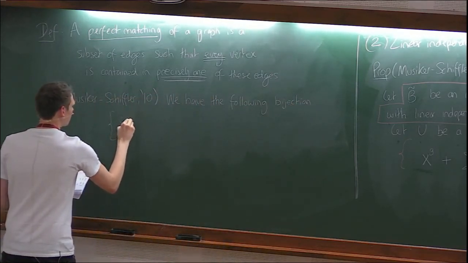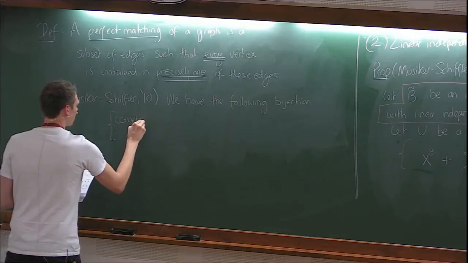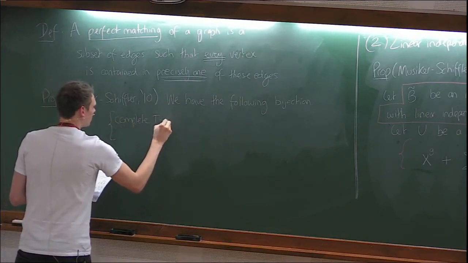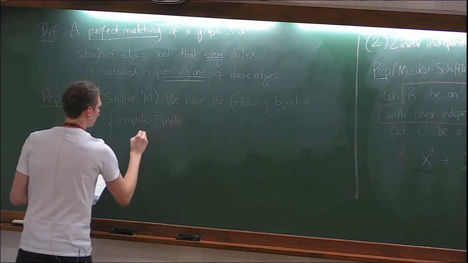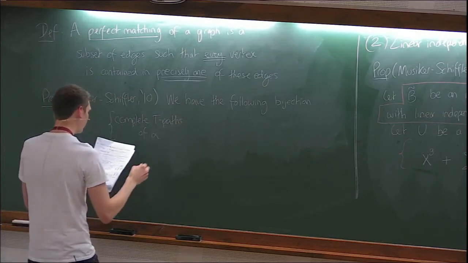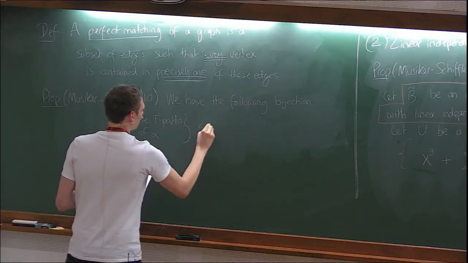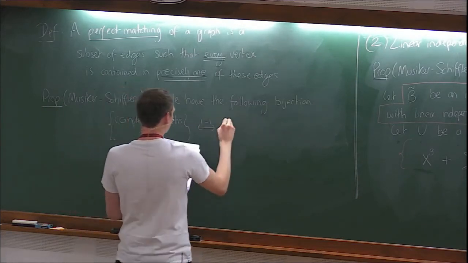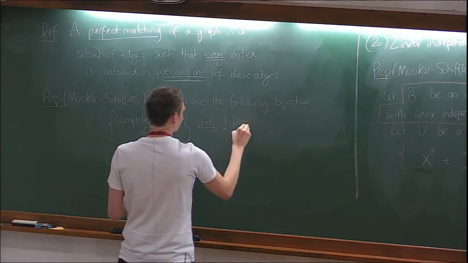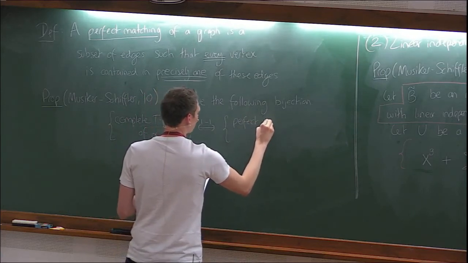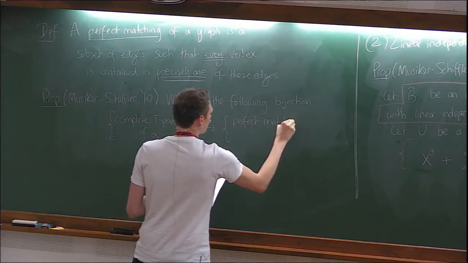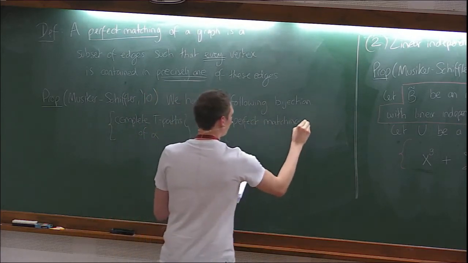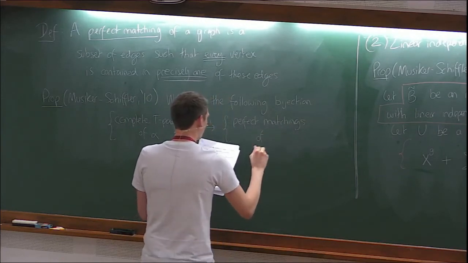The complete t-paths of alpha are in bijection with the perfect matchings of the snake graph.